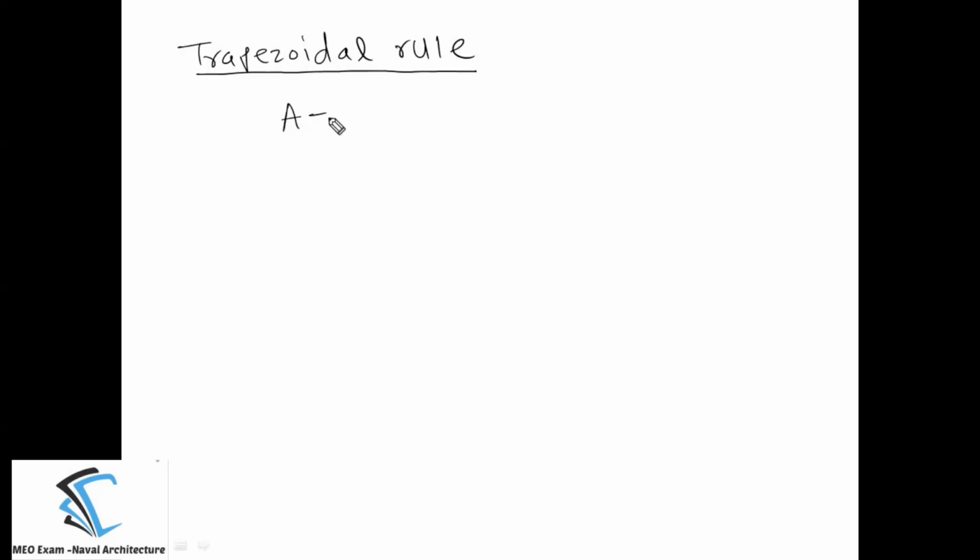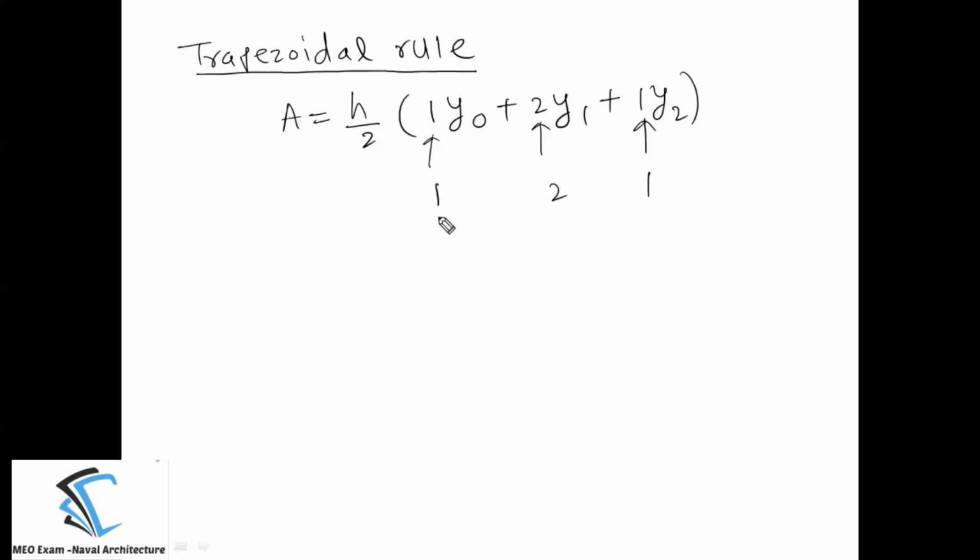Area A is equal to h by 2 into 1 y0 plus 2 y1 plus 1 y2. In this formula, we will call this 1, 2, 1 the trapezoidal multipliers.